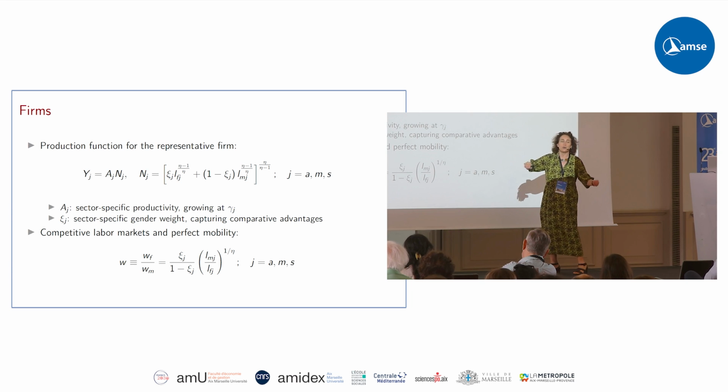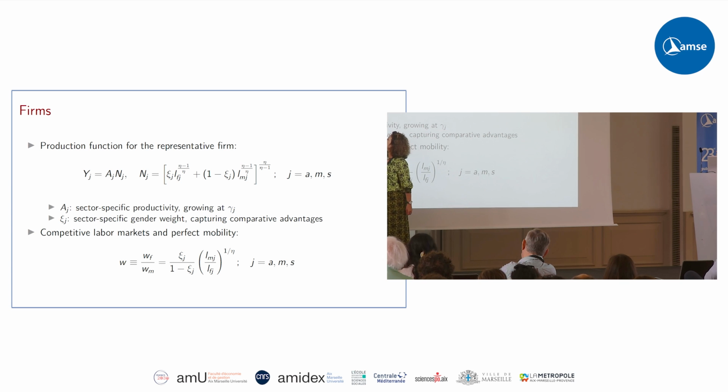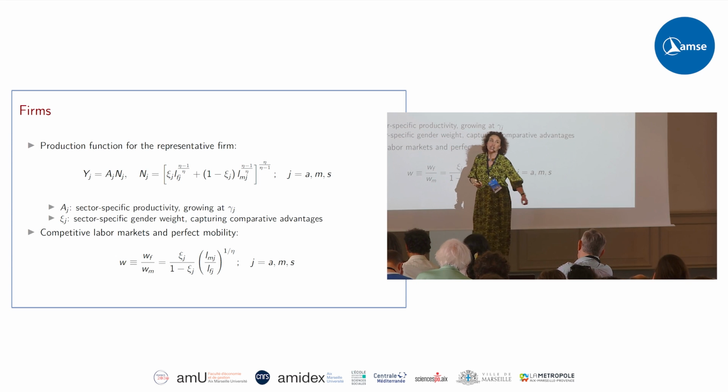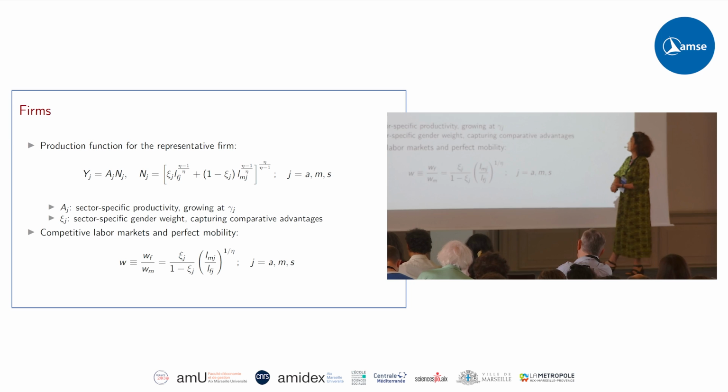So firms, it's very simple. In every sector, you have exactly the same production function. There is only labor. So output in sector J is produced using labor with a productivity factor AJ, which is going to be key, because this is growing over time at a rate that differs across sectors.